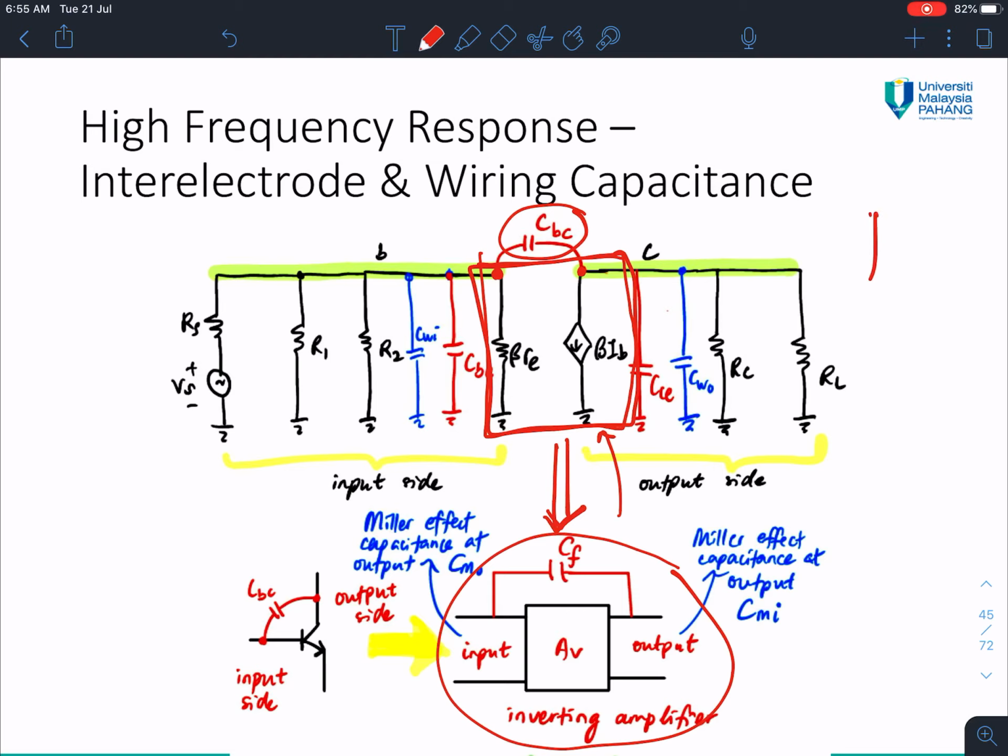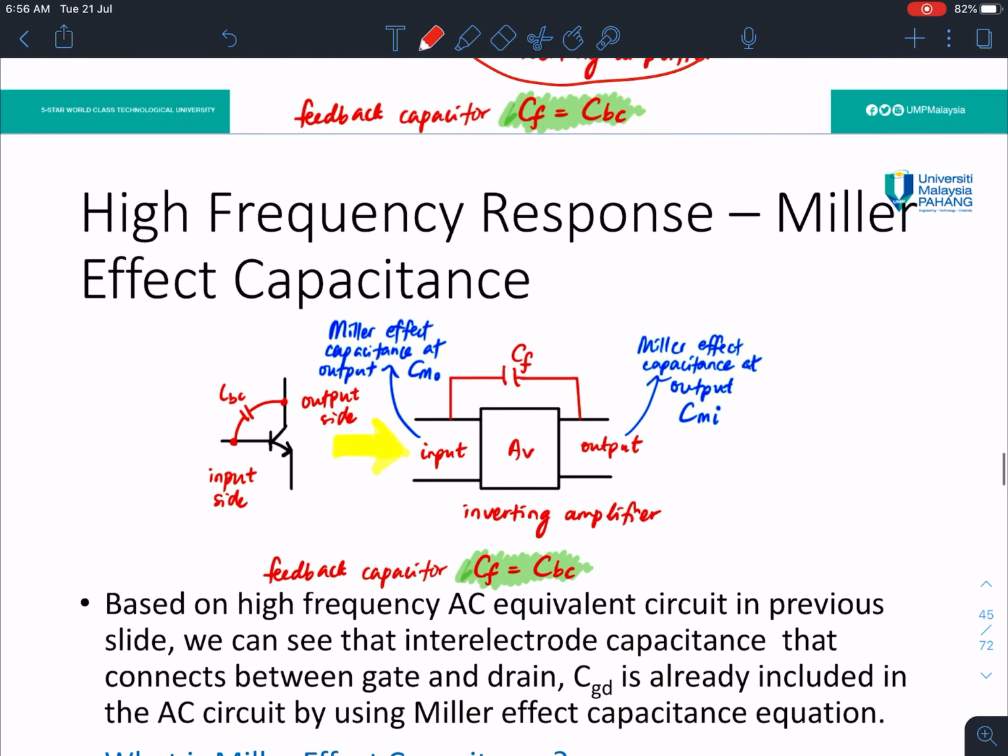I can see it like this: CBC, and this is your amplifier. So there is another formula with the Miller effect capacitance. This formula you can divide into the input part and the output part. I already made the formula.